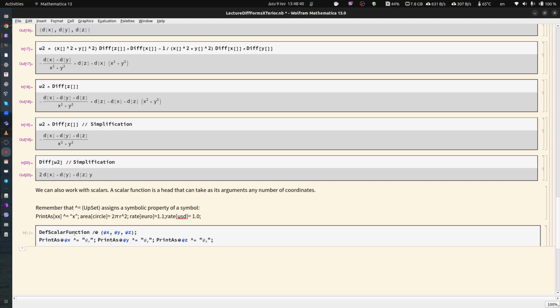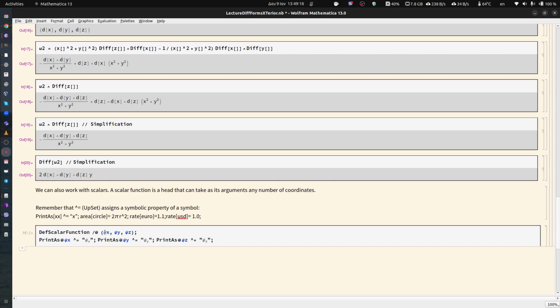So this expression here means to apply def scalar function on each element of the list psi x, psi y, and psi z. So this is the same as writing a list where we write def scalar function of psi x, comma, def scalar function of psi y, etc., etc. The second line here instructs the exterior package to print those symbols in a way that we prefer, so that we can read the expressions more easily.